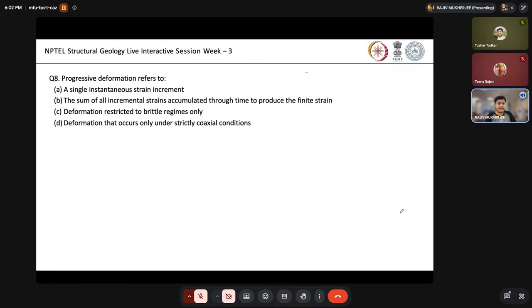As you can immediately say, option C is not the correct answer. But then you have to choose between option A, B, and option D. So, what do you think will be the correct answer to question number 8?